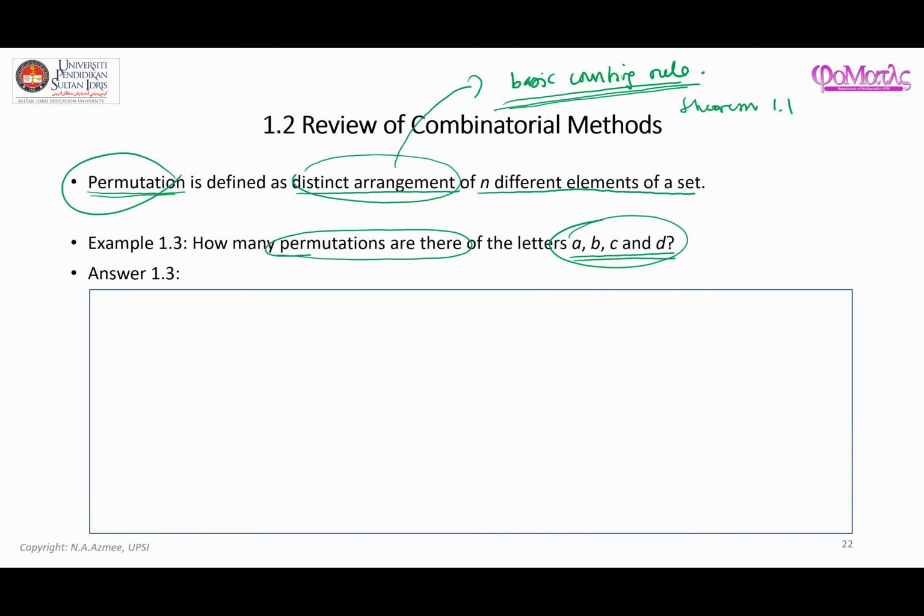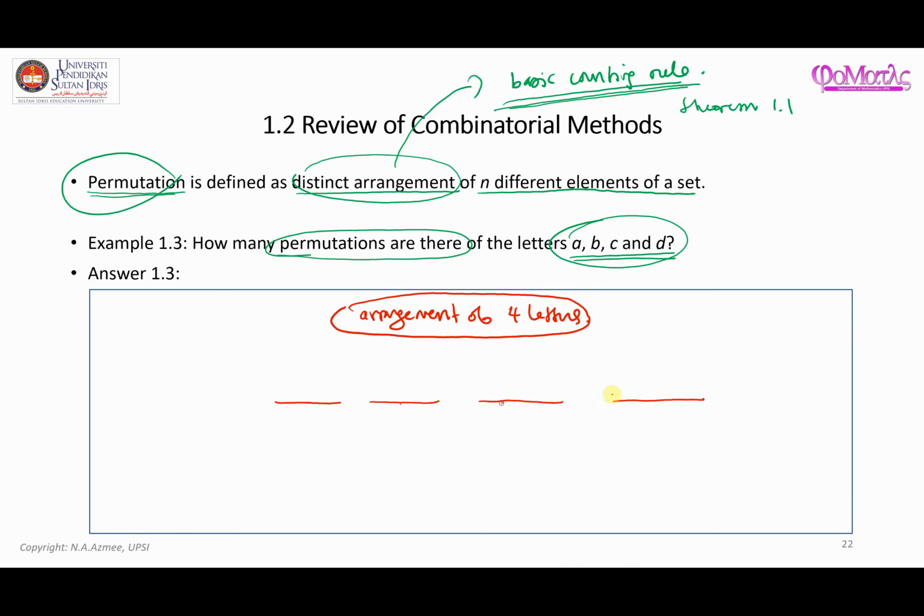The big problem is the arrangement of four letters. This is your main problem. You can think of it as having four spaces, and you just decide what letters to put in those four empty spaces.